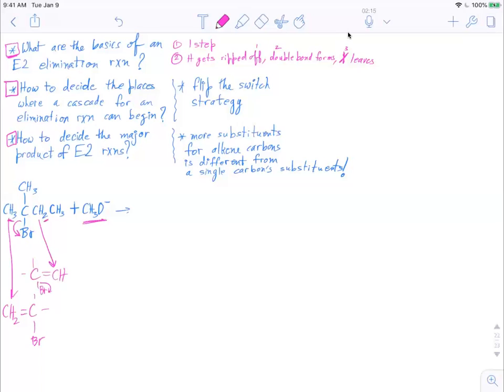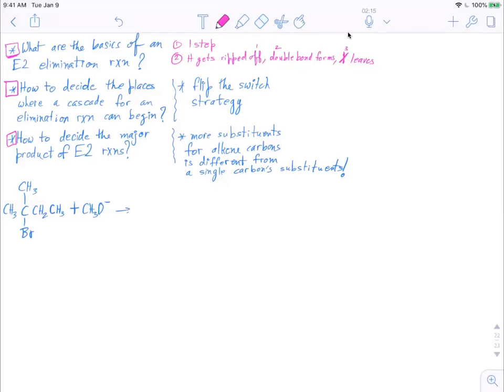The strong base will rip off a hydrogen, and then the remaining electrons that still belong to carbon will be used to form a pi double bond, and then this bromine will say, hey, you can't have 5 bonds, carbon, I'm leaving, right? So one of those two things will happen. Hopefully with that, we figured out pretty much how to decide the places where the cascade will begin.